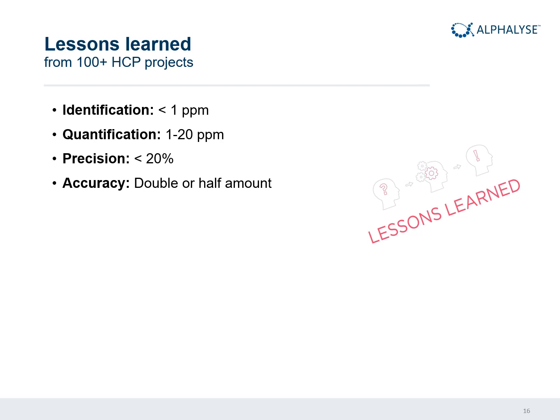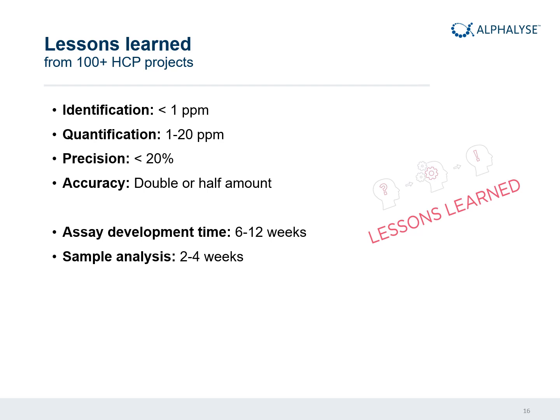For accuracy, we have a saying that it's either double or half the amount. That's the range where we can quantify, and this is due to the differences in slopes I showed you previously. So if we report an HCP at 10 ppm, it could be 20 or it could be 5.